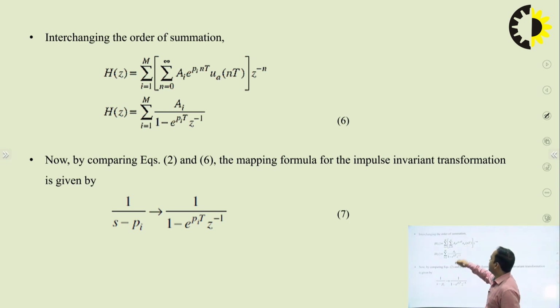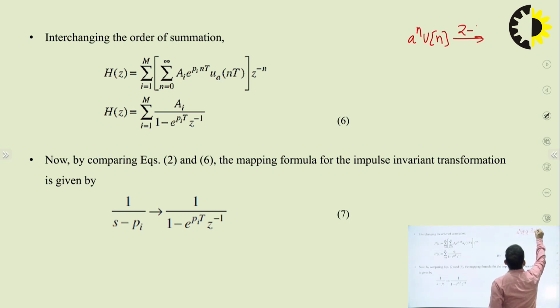Again, for u(nT) we have e raised to power Pi nT u(n). If you remember, what is the Z transform of a raised to power n u(n)? The transform is easy: 1 by 1 minus a z inverse.